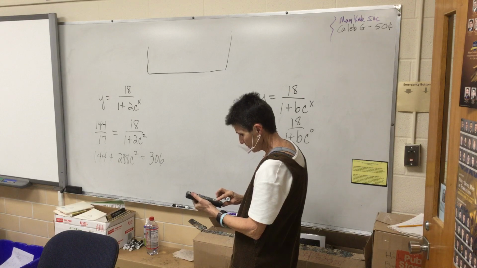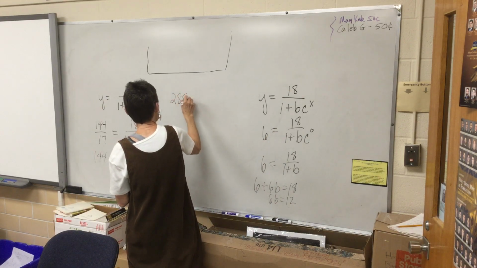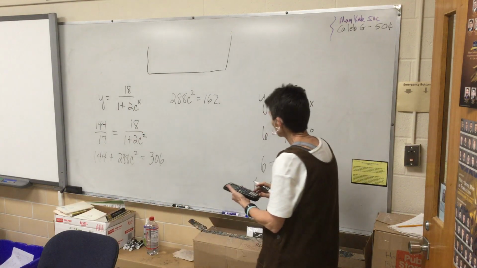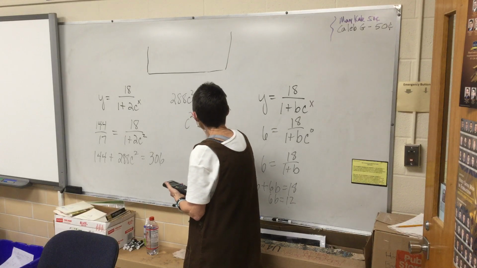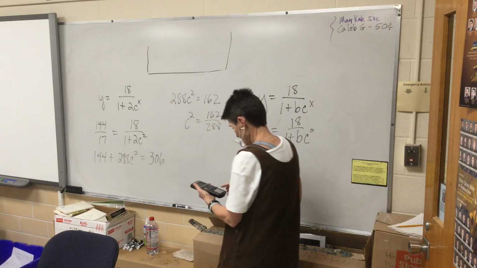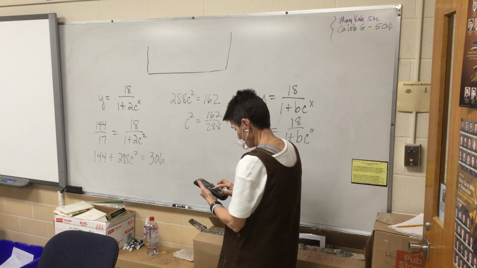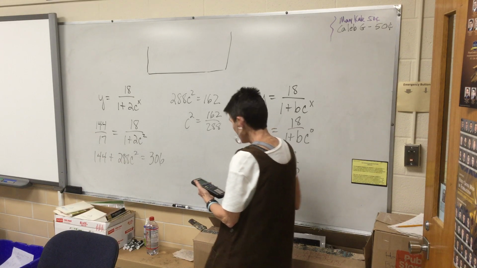Subtract 144. So 288c squared equals 162. And c squared equals 162 over 288, which is 9/16.